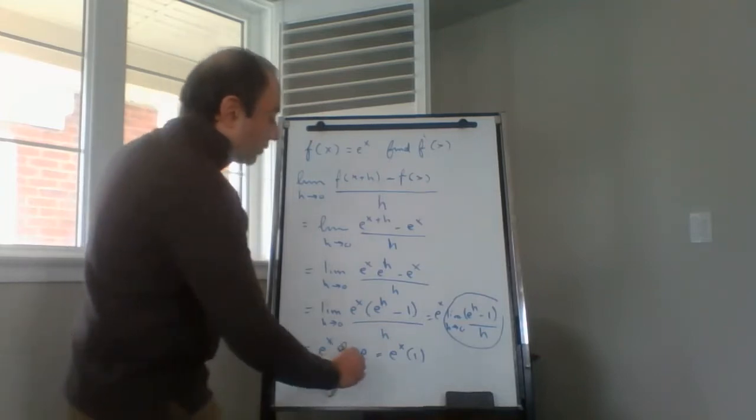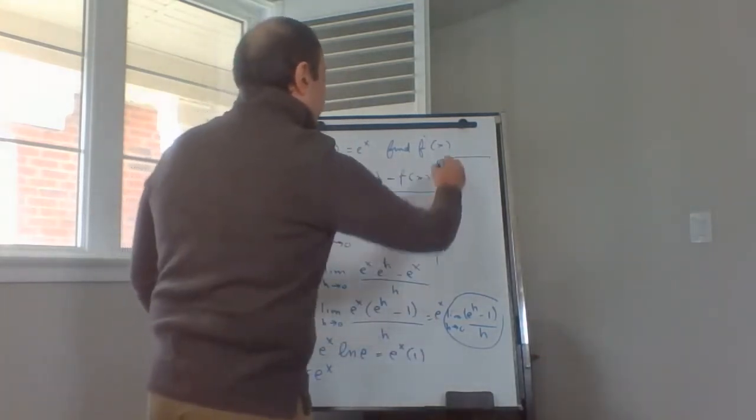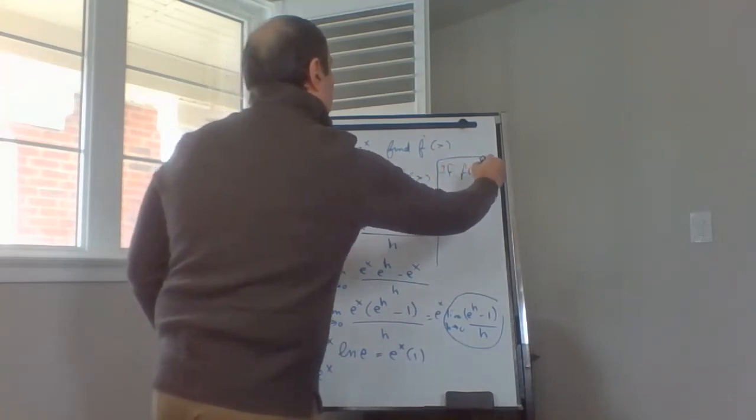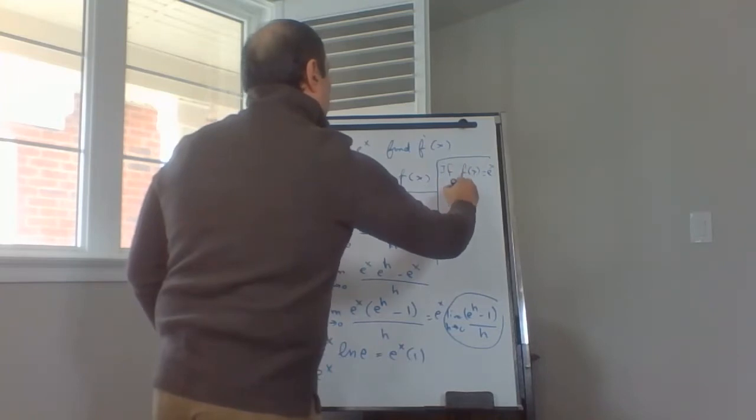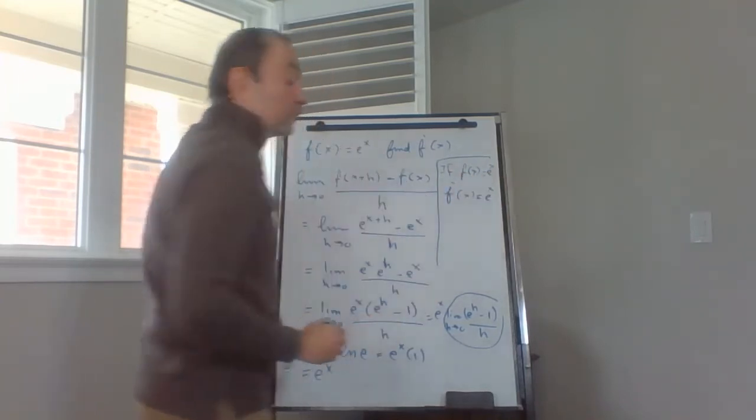So if f of x equals e to the power of x, f prime of x equals also e to the power of x.